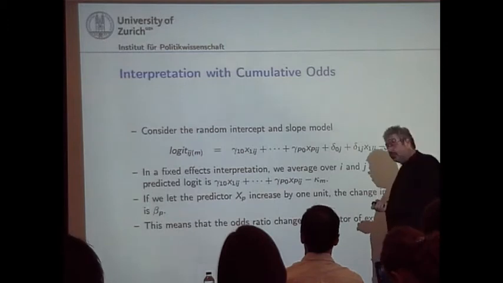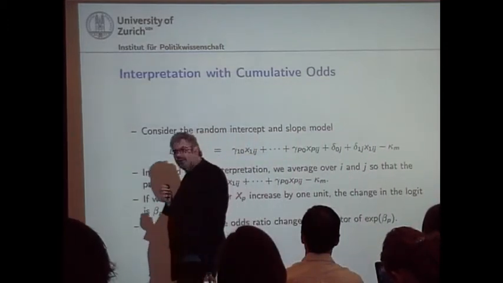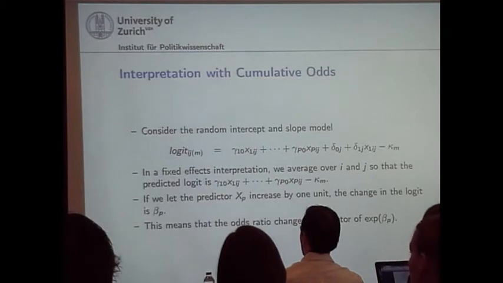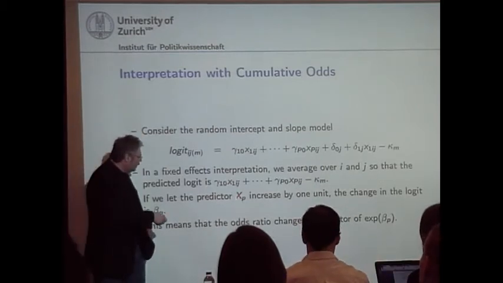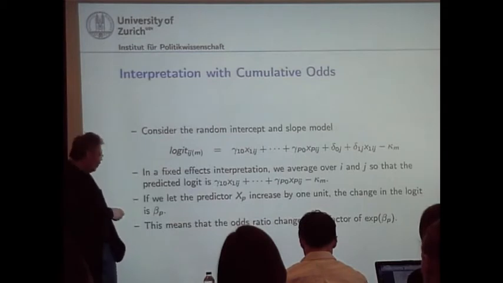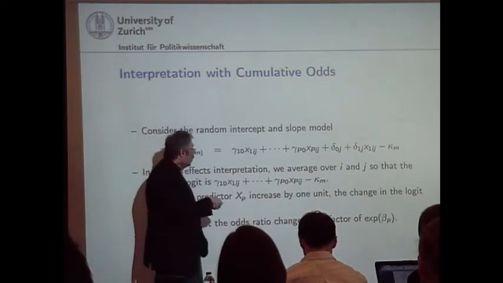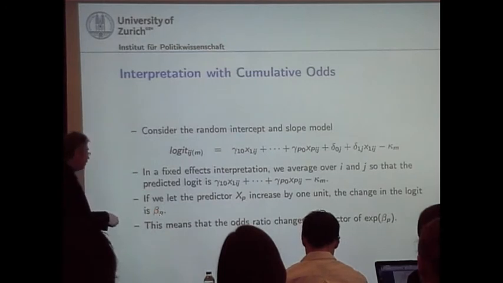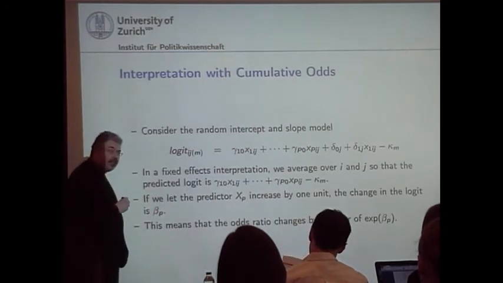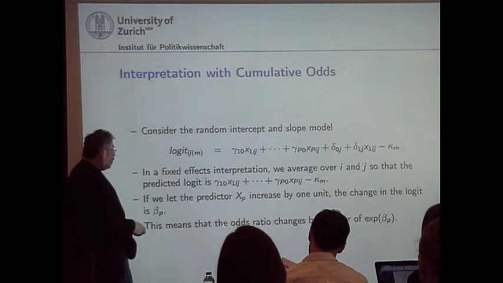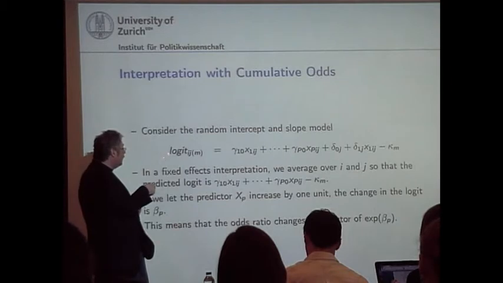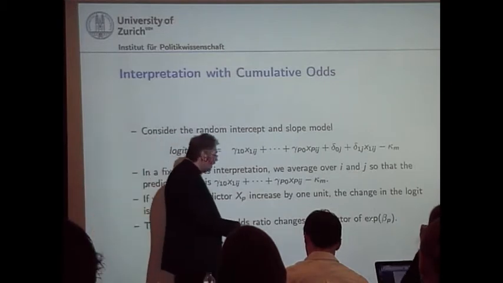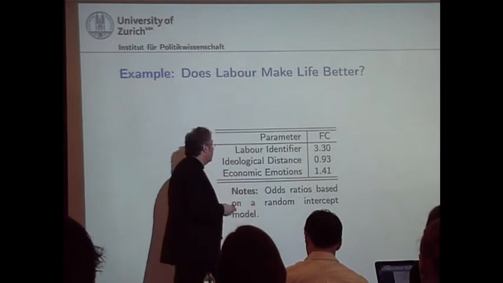And then what we typically do is say, well, let's take one predictor and increase it by 1 unit while holding everything else constant. And that means if, say, we change the predictor xp by 1 unit, then the change in the logit is equal to beta p, the coefficient that's associated with that predictor, and the odds ratio is just e raised to the power of beta.